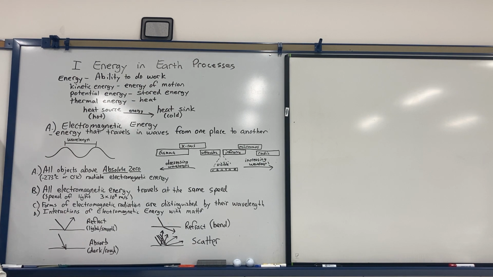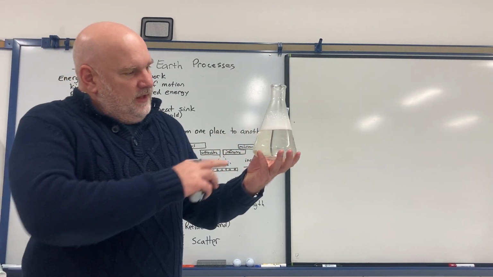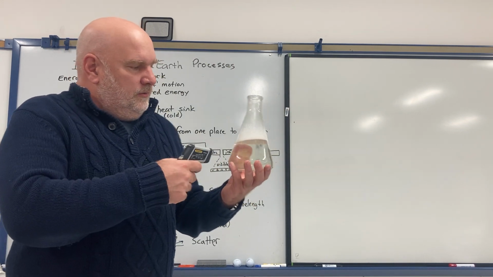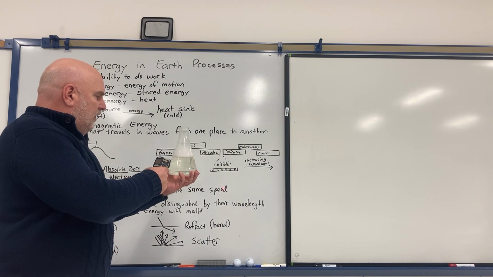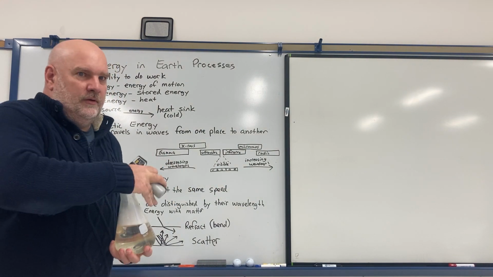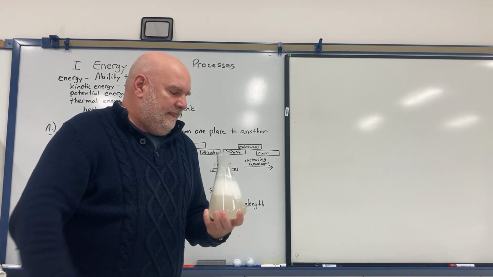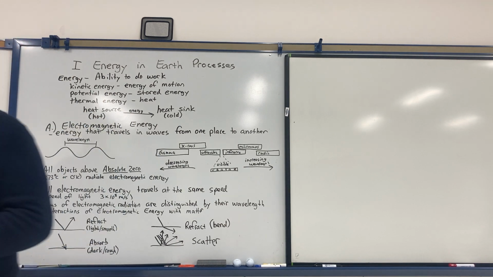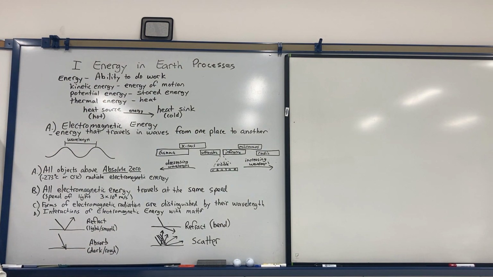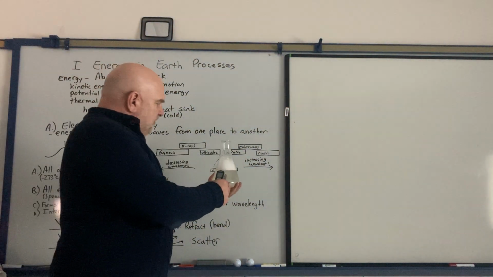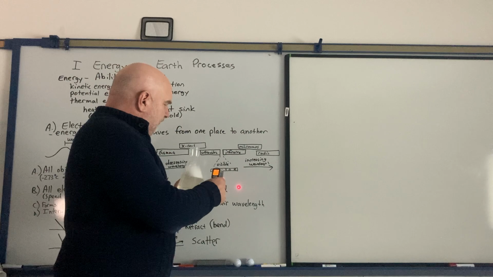Well, using the same beaker that I used a second ago, it's water with a little bit of soap in it. All right, so I just showed you that the light travels through the water, no problem. However, at the bottom part where it's just the water, the beam of light travels through.